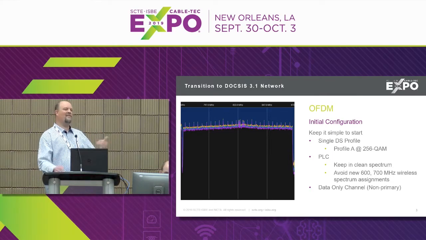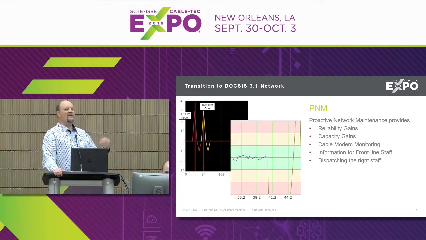Because we deployed OFDM up near 750 and down to about 650, we had some roll-off issues in some areas of the plant, and that way modems can shed that channel if they're not happy with it, and they can still use 31 carriers of single carrier QAM. And to the customer, they're blind to the problem, which is great. So that's why we chose to do that. And I really recommend this if you haven't deployed OFDM, it's a very simple way to do it without massive change.